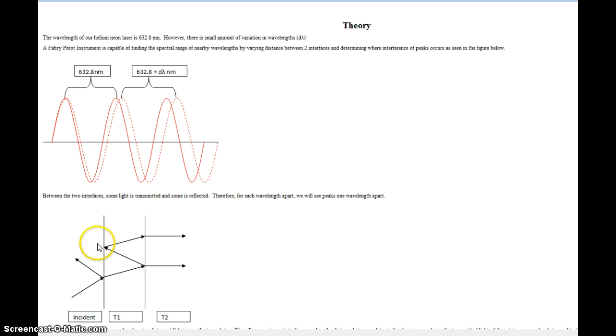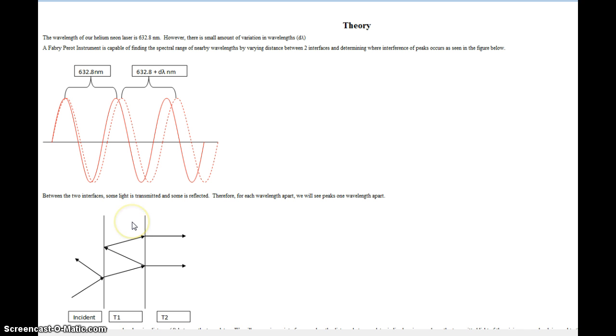But some is going to bounce back and then bounce. So what's the difference between these two? The difference is the difference in phase between these two, which is two d, the distance between the mirrors.